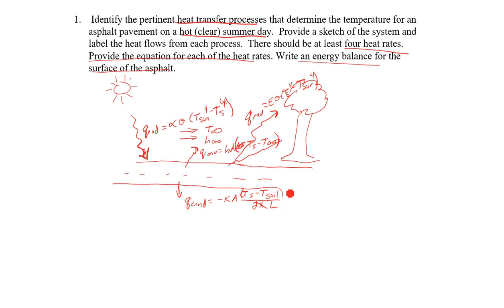Now we need to write the energy balance for this. You may recall, using our E dot notation, we have E dot in minus E dot out equals E dot stored. So what do we have flowing in here? Got Q rad.